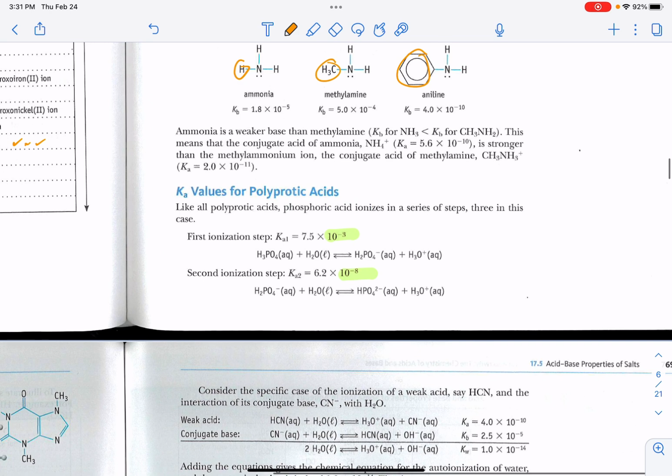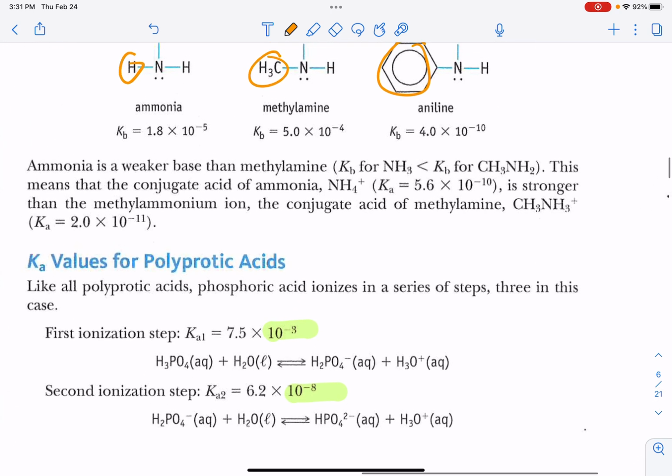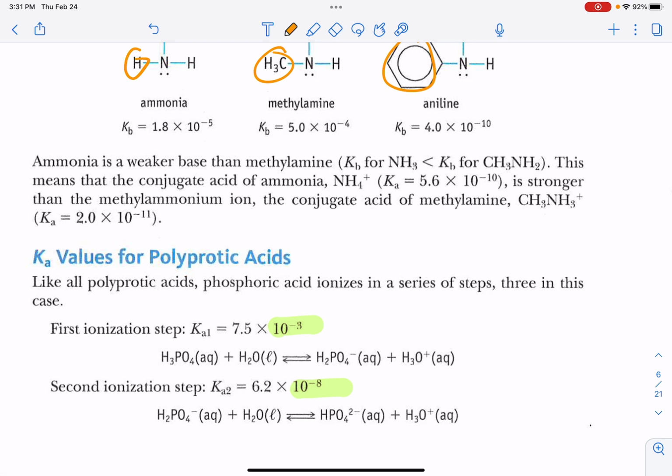Now, what about polyprotic acids, which we talk about a lot more than polyprotic bases? Polyprotic acids have multiple protons that they can donate. If we look at phosphoric acid, you've got 3 protons that you can donate. You can donate the first proton here, leaving behind 2.